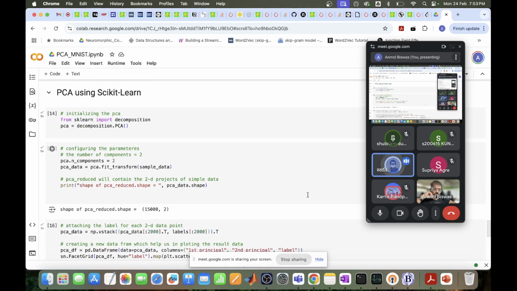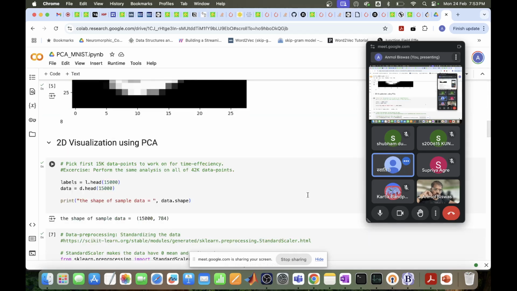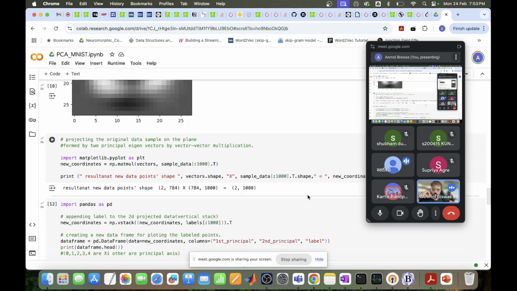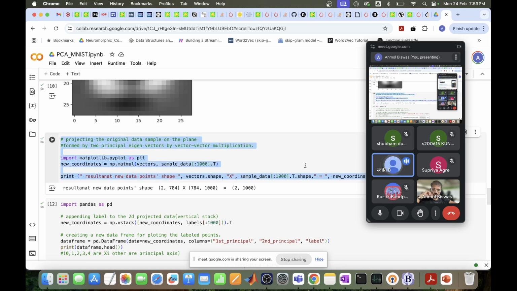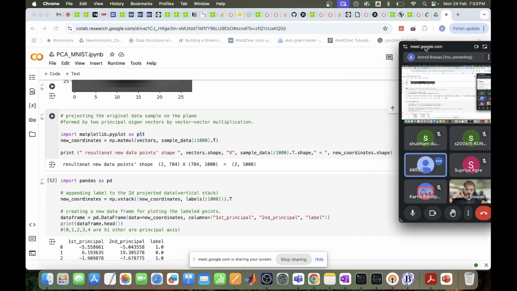Okay, so I think, which multiplication? This one, this one.